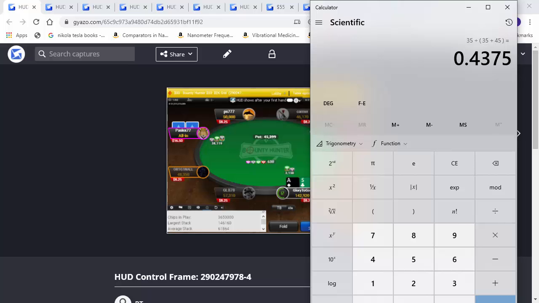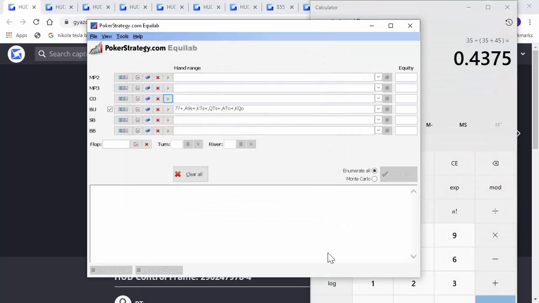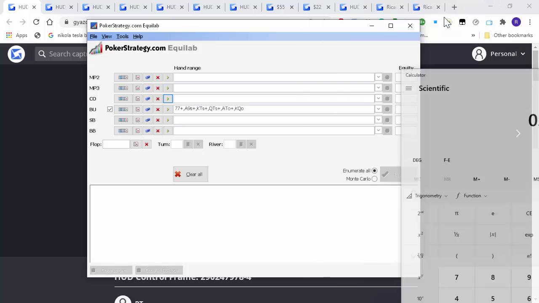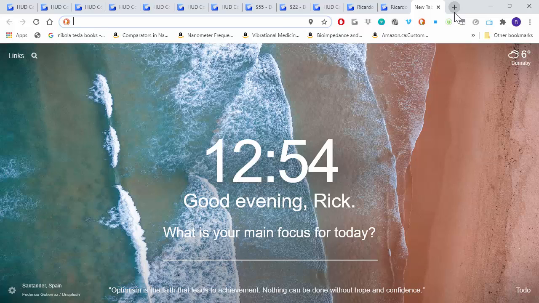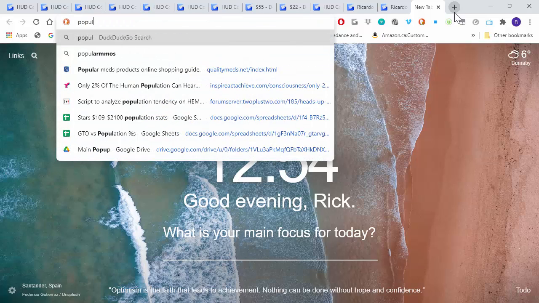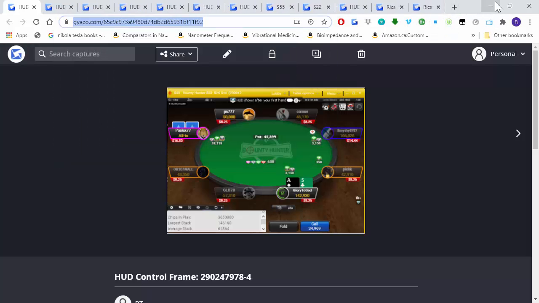So normally, he's going to have a pretty tight range here. I'll have to be pretty accurate, but it's a pretty tight range.